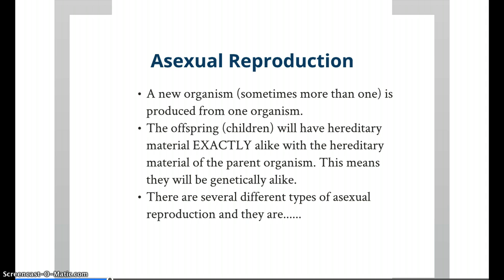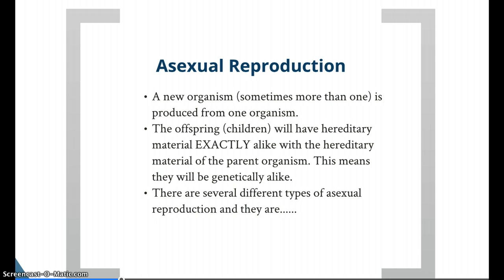And the children, when they reproduce, will look exactly like their children. Therefore, everything, I should say, will look genetically alike. There are actually several different types of asexual reproduction, unlike sexual reproduction where there is only one type. So let's go ahead and explore the various types of asexual reproduction.